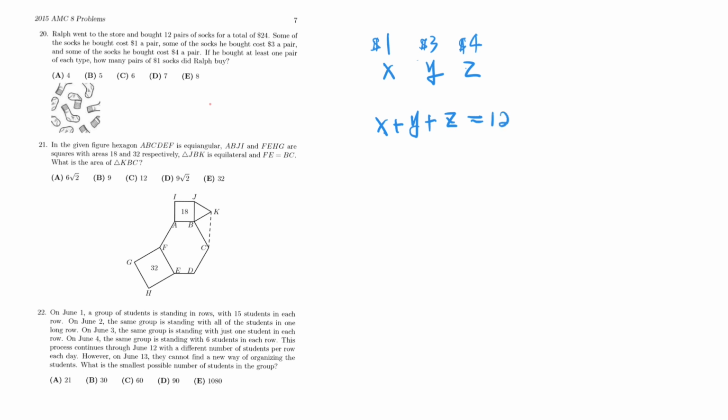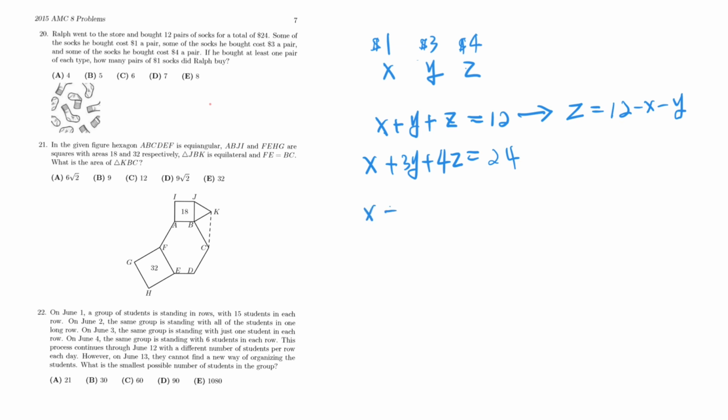And the total cost him $24. That means 1X plus 3Y plus 4Z equals 24. Now from the first equation, Z equals 12 minus X minus Y. So plug this into the second equation.